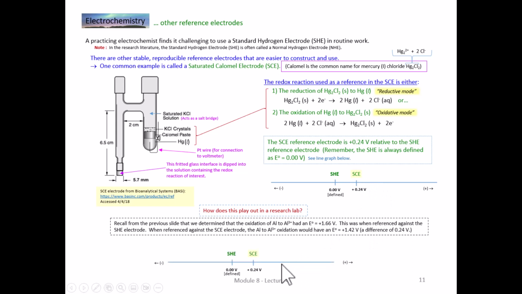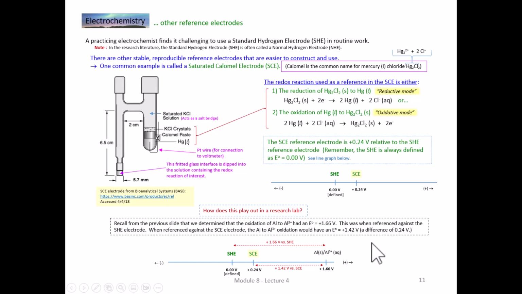You can see this clearly, I think, by reproducing our line graph. We have the standard hydrogen electrode at 0, the saturated calomel electrode at plus 0.24 volts relative to that. We measured on the previous slide, or calculated, that the aluminum 3+ half cell is 1.66 volts versus the SHE, which means it would only be 1.42 volts referenced against the saturated calomel electrode.